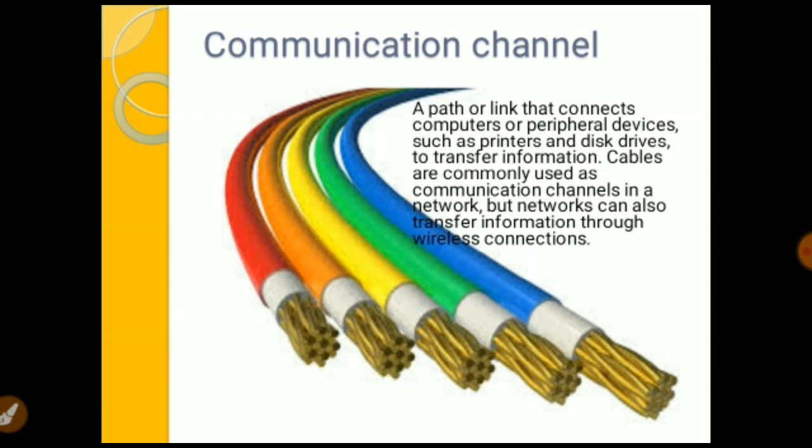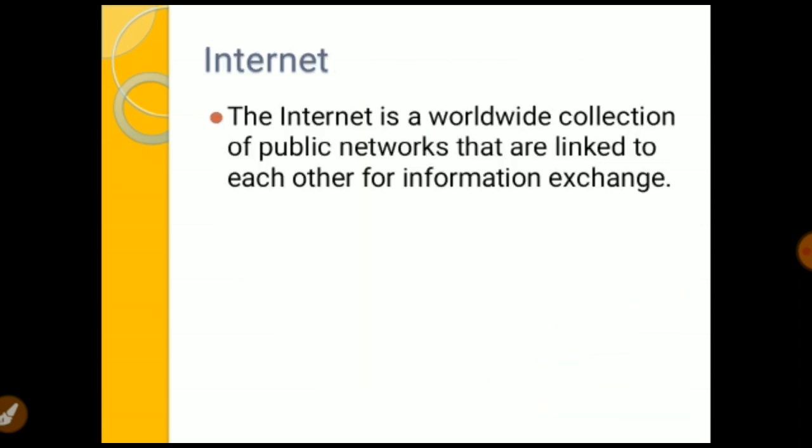Next is the internet. What do you mean by internet? The internet is a worldwide connection of public networks that are linked to each other for information exchange. It means we basically use the internet to exchange our information with one another person, and it is used worldwide.